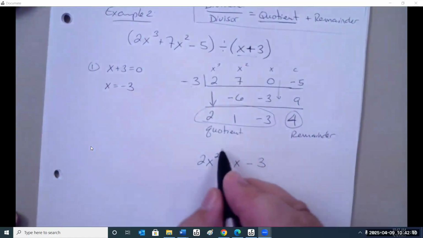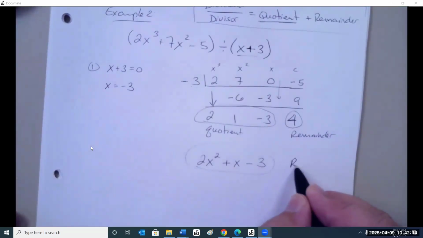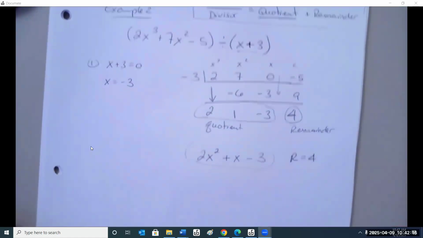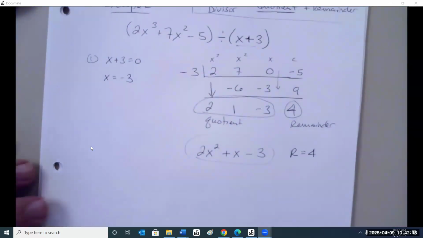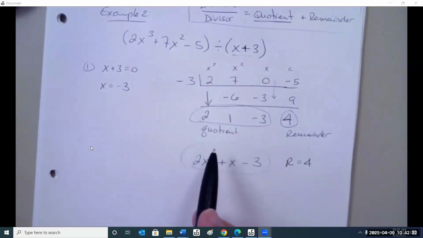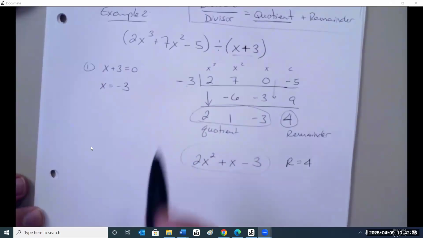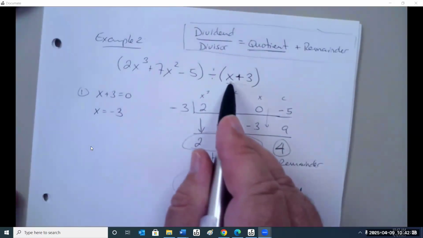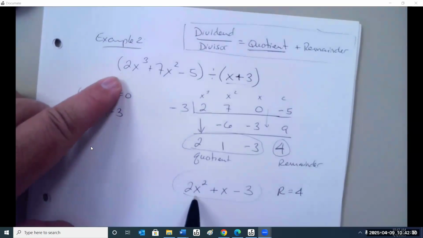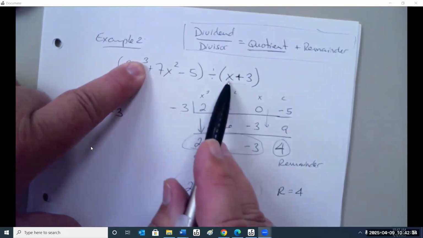That's my quotient. The remainder is 4. Whenever you use synthetic division, because the denominator is always x plus or minus a number, the final answer will be one less exponent because it cancels out.